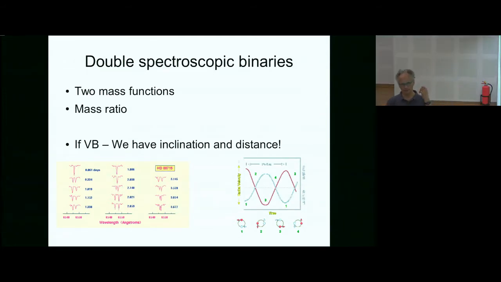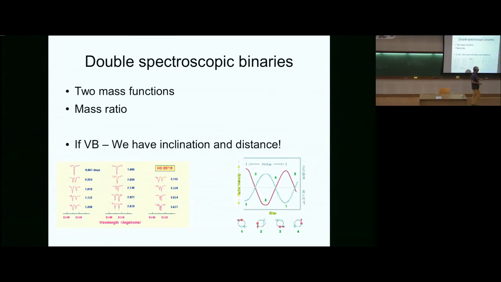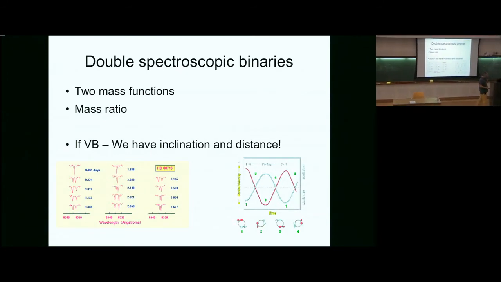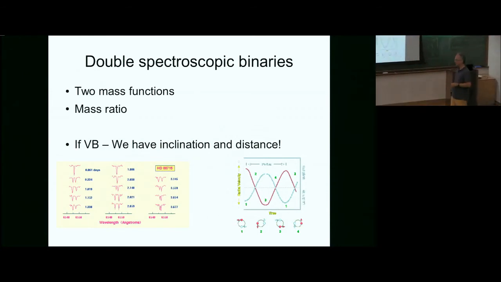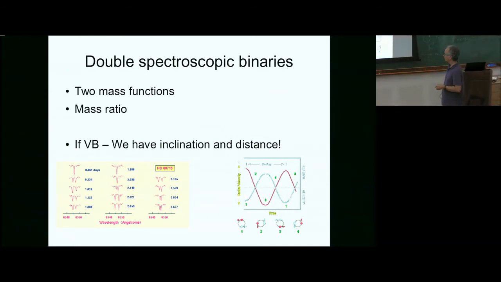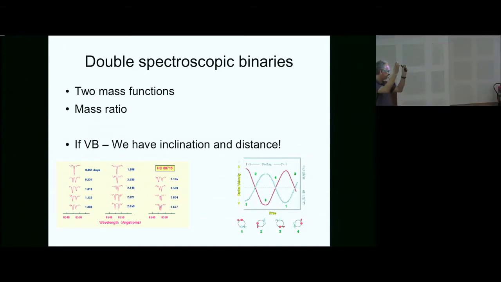And if we have two masses and the period, we can have the size of the orbit from Kepler's law, and if we have the size of the orbit and the angular size of the binary, we have the distance.